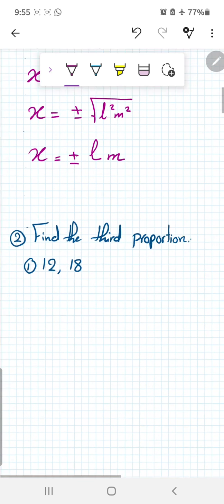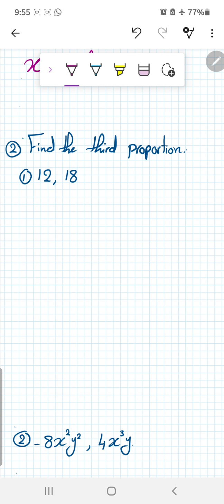Okay, another example, find the third proportion. As we said, the third proportional is here. So repeat the middle: 12 over 18 equals 18 over X. Let the third proportion be X. Make cross multiplication.